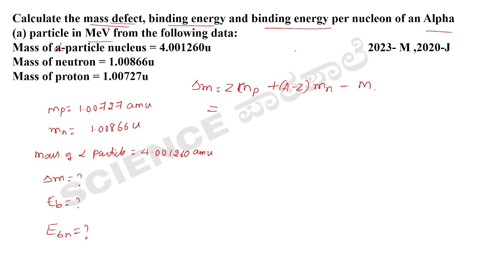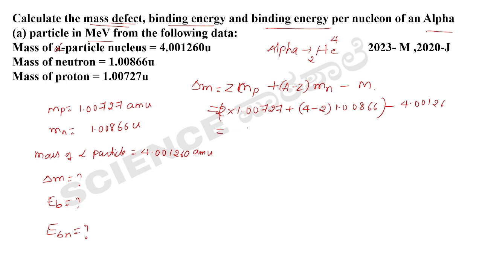The alpha particle is nothing but a helium nucleus. Helium has atomic number 2 and mass number 4. So delta M is equal to 2 into 1.00727 plus (4 minus 2) into 1.00866 minus 4.00126.